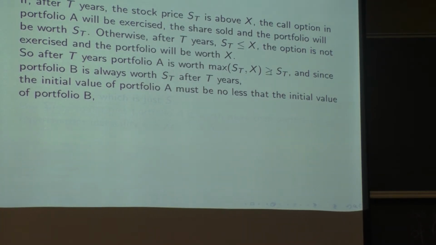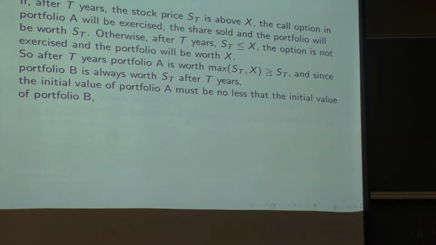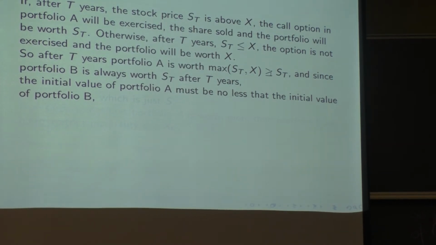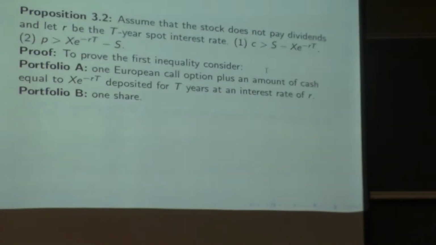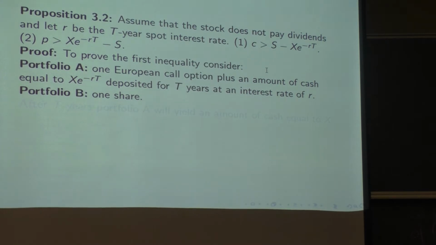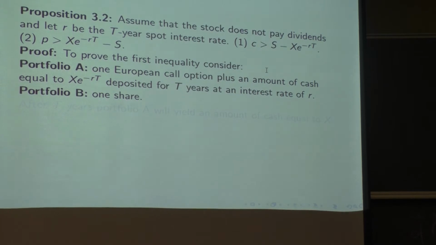So what do we know about the values of portfolio A and portfolio B at time t? Here's portfolio A, here's portfolio B. At expiration time t, the value of this is greater or equal to the value of that. So what do I know about the values of this and that now at time 0? They satisfy the same relation. So the value now of portfolio A, let's remember what is portfolio A. Let's write down the value now of portfolio A. What do we see in portfolio A? There's 1 European call option. What do we call the price of this European call option?